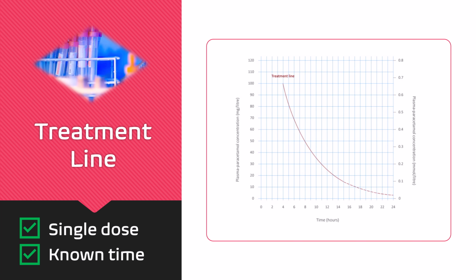This graph was derived by plotting untreated patients with acute paracetamol ingestion. Above the line, the patients in the study developed hepatotoxicity, defined as raised liver enzymes, AST and ALT, above 1000. Below the line, the study patients didn't develop hepatotoxicity.